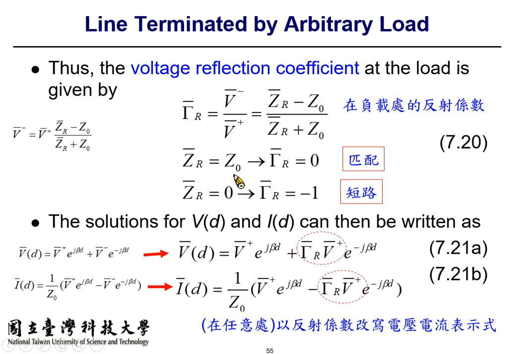Note that the reflection coefficient gamma_R is also written in phasor form. So it's frequency dependent, and it's a complex number in general.